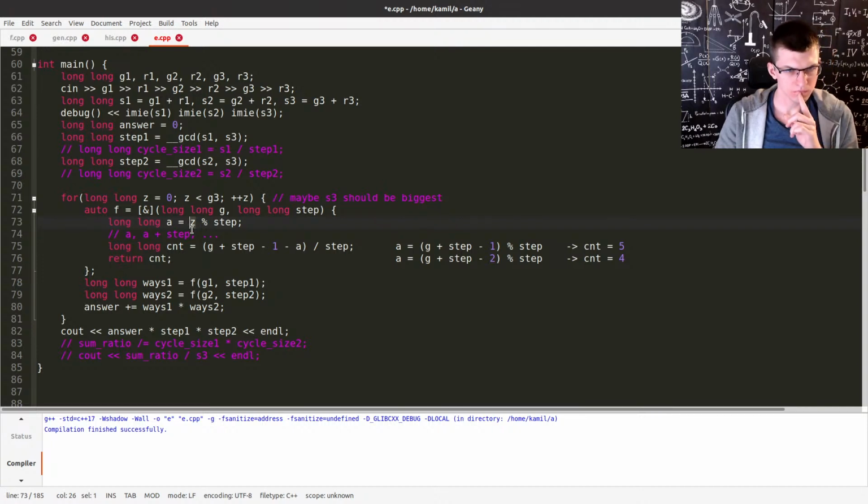Oh, wait, but because z is taken modulo step, oh, that's confusing.